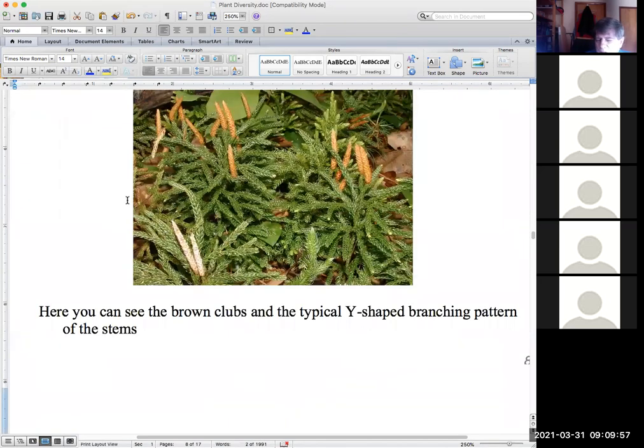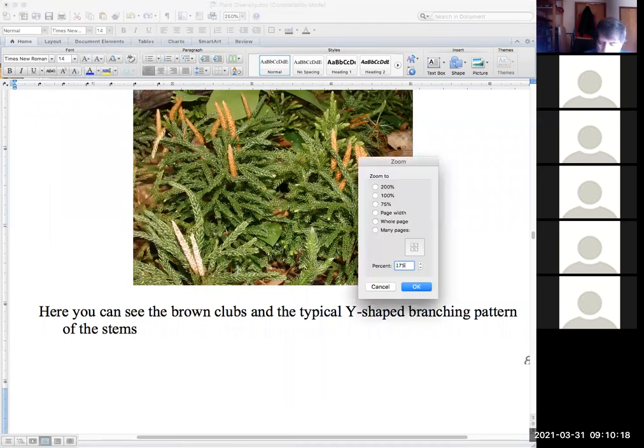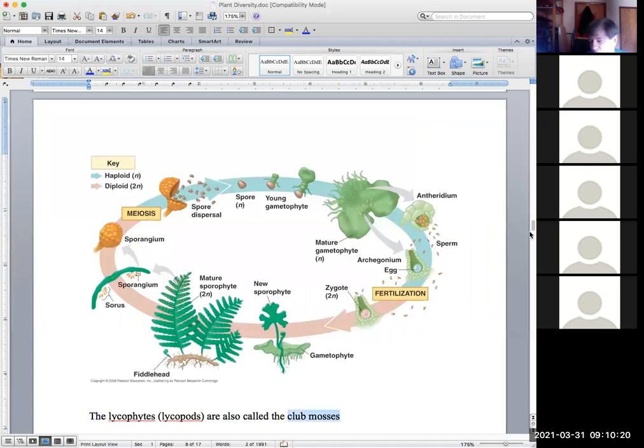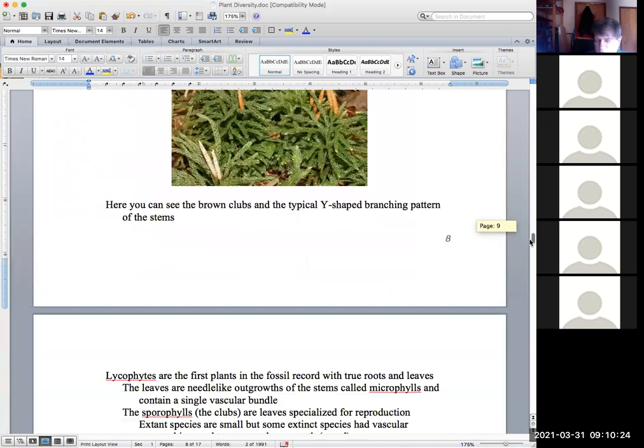One of the things we can see is that this greenery tends to branch in kind of a Y pattern. There are almost always two branches that split off from one another. So if you can't see this on mine, try to look at this a little bit later, download it, or open the file on your computer so that you can change the magnification.